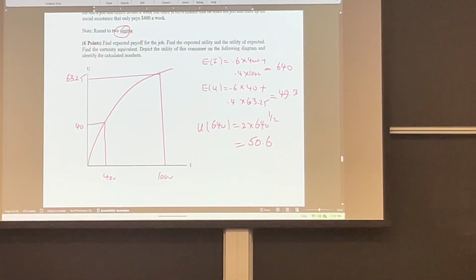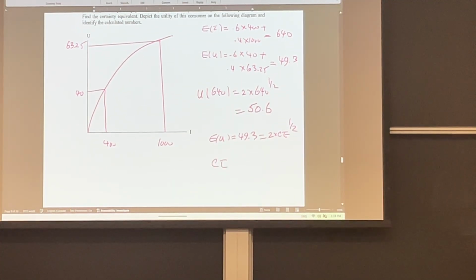Now we need the certainty equivalent. So let's take the expected utility and invert it to get the certainty equivalent. In this case, I should divide the expected utility by 2 and then square it. What do you get?